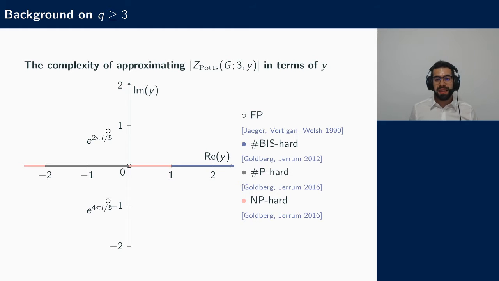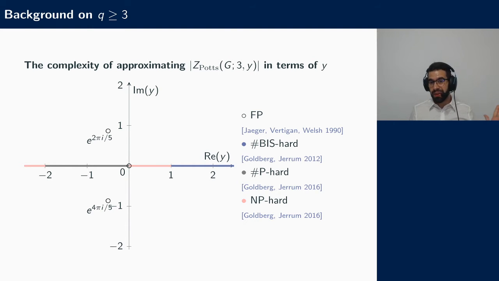Now, when q is at least 3, actually nothing is known for non-real edge interactions. The real line has been studied, so we know 0 is an easy point, and when the edge interaction is at least 1, the problem is equivalent to approximately counting independent sets in bipartite graphs.